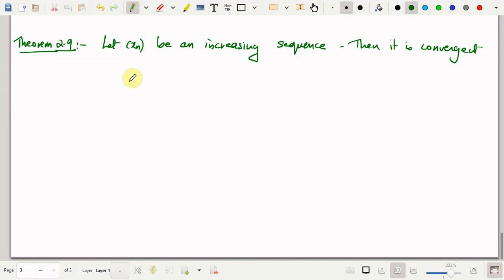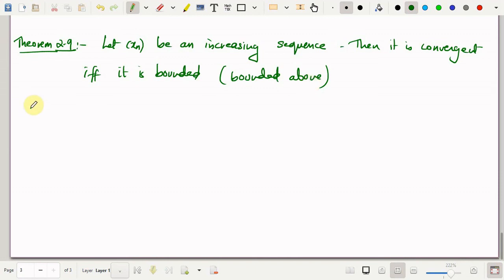So it is bounded only when it is bounded above. So then it is convergent if and only if it is bounded above. Okay, if I use the term bounded, then by definition it is bounded above, because every increasing sequence is always bounded below. So the only thing we need to show is that it is bounded above.